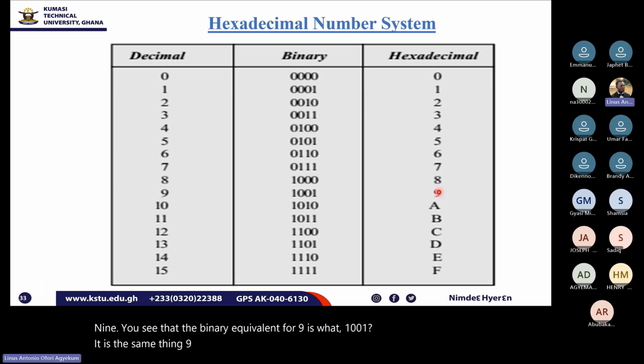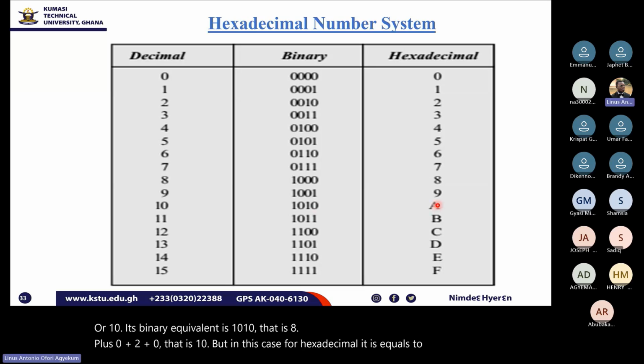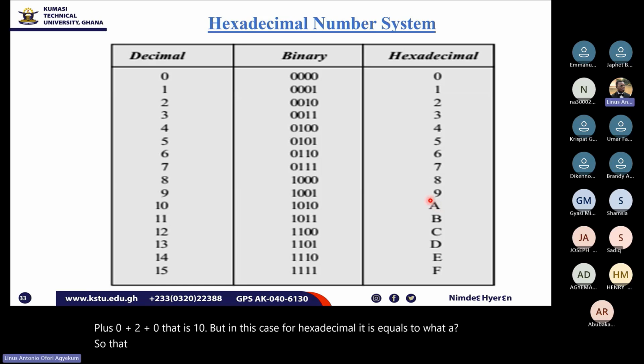But when we get to 10, its binary equivalent is 1010. That is 8 plus 0 plus 2 plus 0. That is 10. But in this case, for hexadecimal, it is equal to what? A. So that is where the alphabetic character begins.